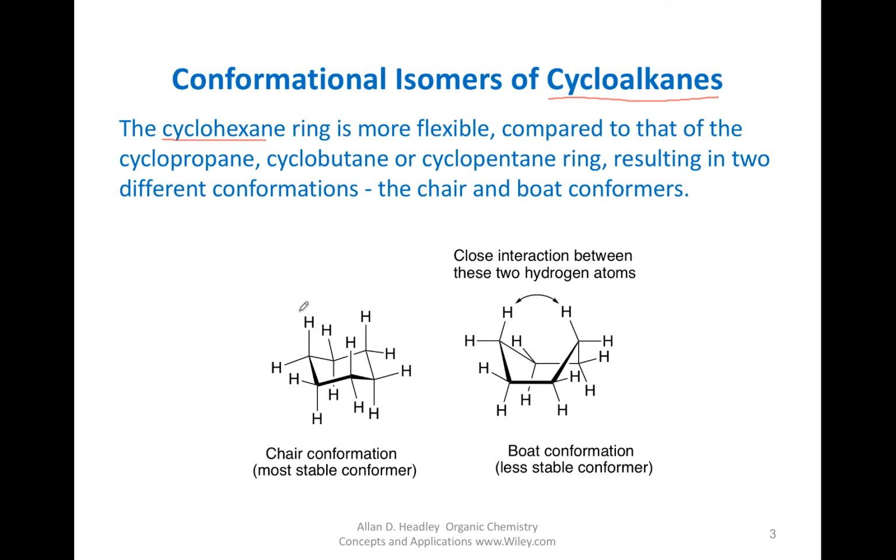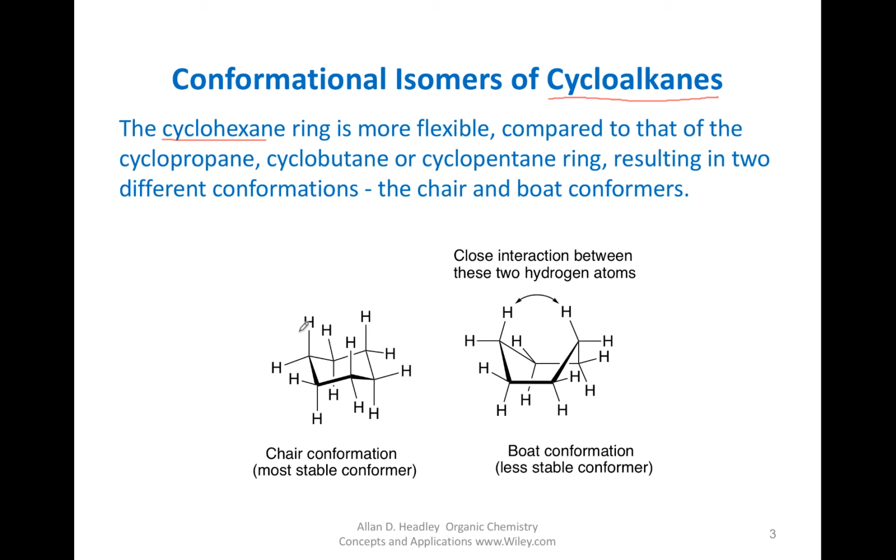So you may want to get your model set and build your 6-membered ring. Notice that you can actually build a 6-membered ring alkane, cyclohexane, compared to trying to build a cyclopropane because it's very strained. So for cyclohexane, it's not as strained.